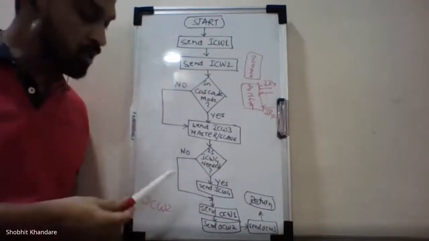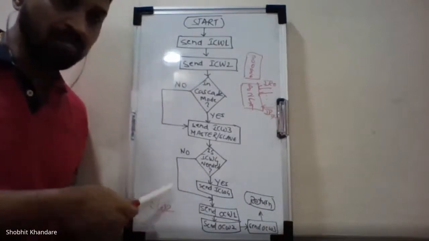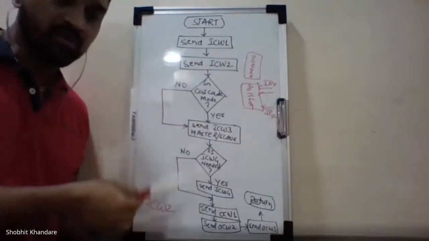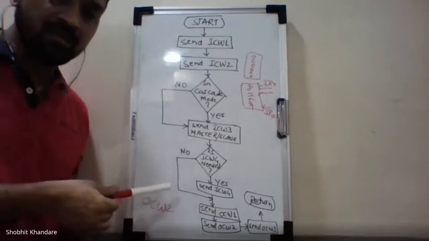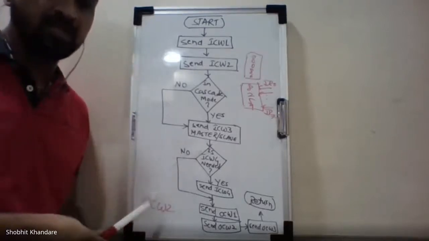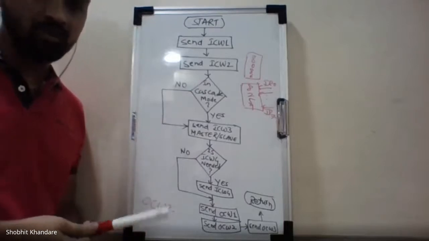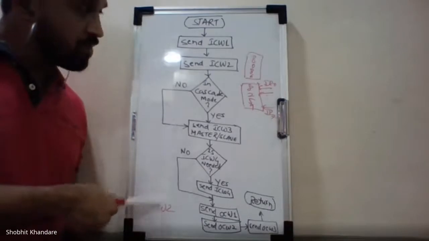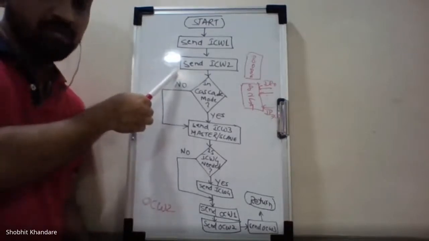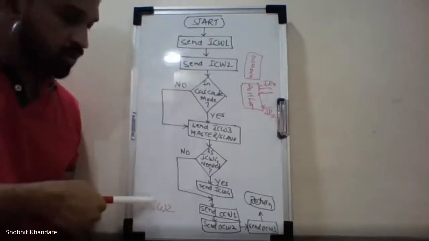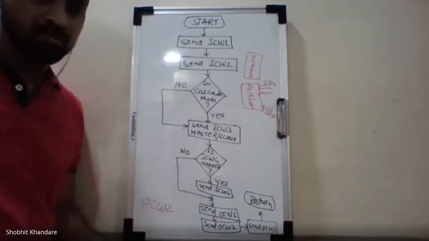I'm repeating again, your OCW2 can be sent at any time before the interrupt is being served, or while the interrupt is being served, or after the end of the interrupt. So you can send OCW2 at any time. But it should come after ICW. That is the condition. Because first ICW, then OCWs. But in the OCWs, OCW2 can come anytime.